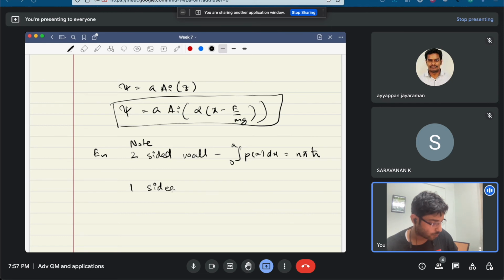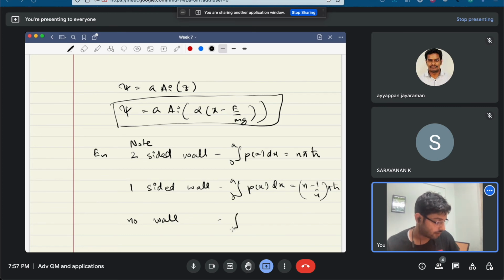For a one-sided wall, you have the integral from 0 to a of p(x) dx equals (n minus 1/4) pi h bar, and when there is no wall on any side, the WKB approximation is (n minus 1/2) pi h bar.